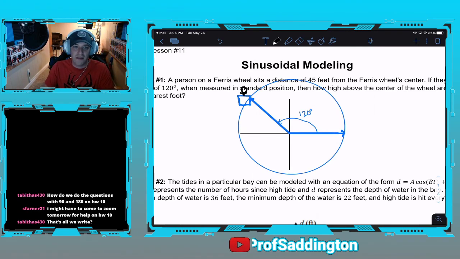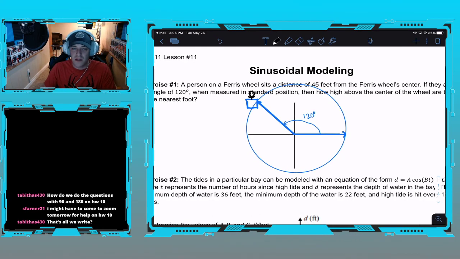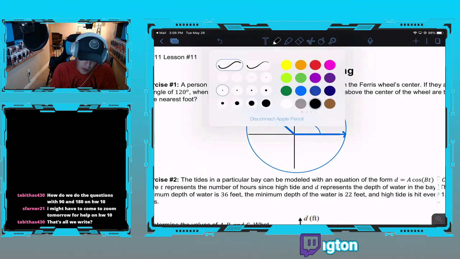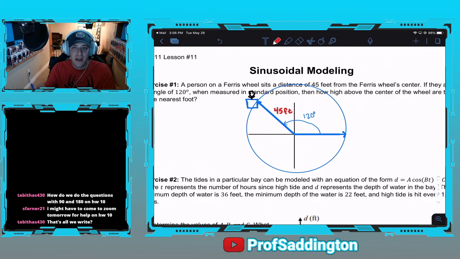Okay, so he's on the Ferris wheel. They want to know if the distance from the center of the Ferris wheel to that guy is 45 feet, how high above the center he is. All I want you guys to recognize is this is actually a problem we've been doing for quite some time now.